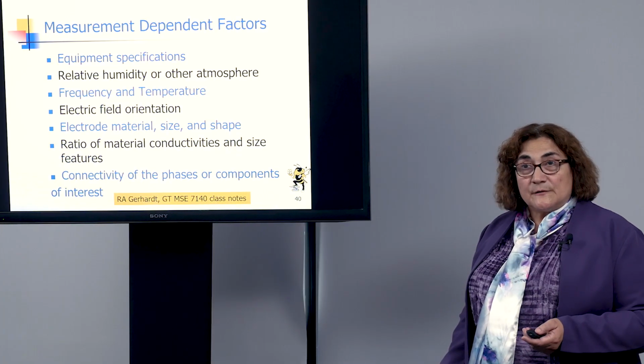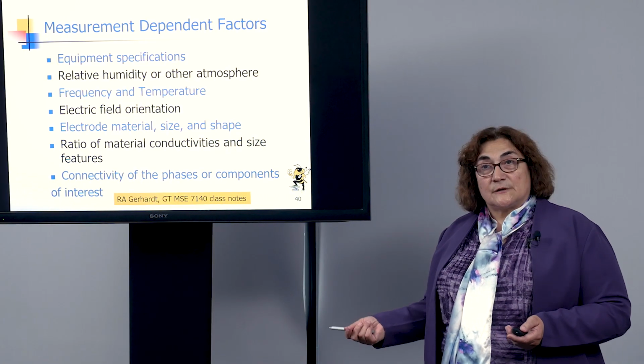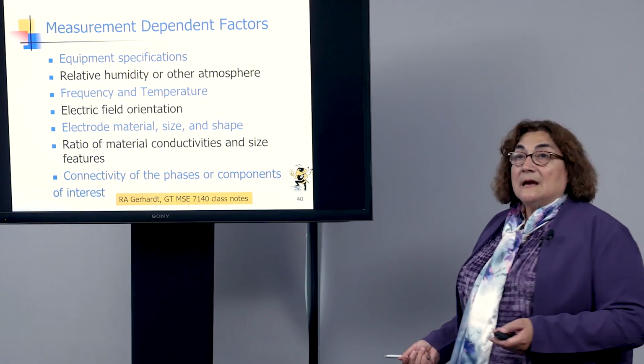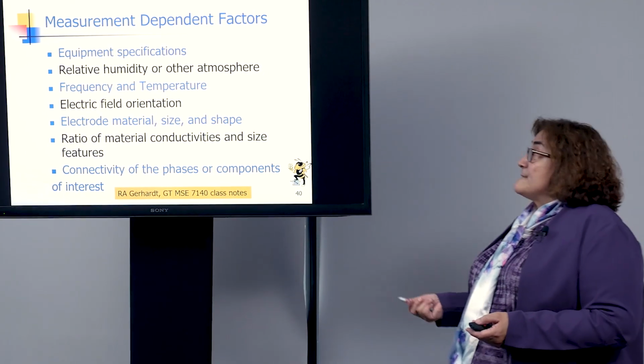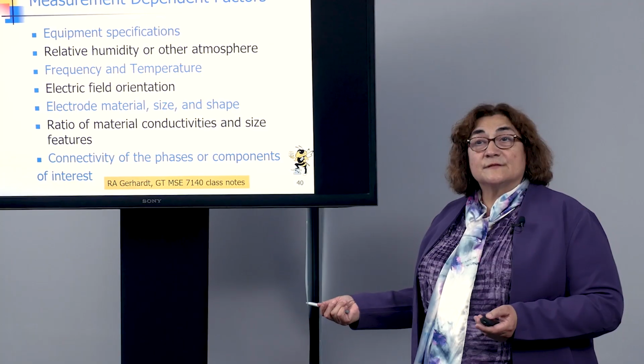So to summarize then, measurement-dependent factors, I have already mentioned. Equipment specifications are absolutely vital. Some machines are better suited for more insulating samples. Some machines are better suited to more conducting samples. If you are in a different environment, you really have to pay attention.